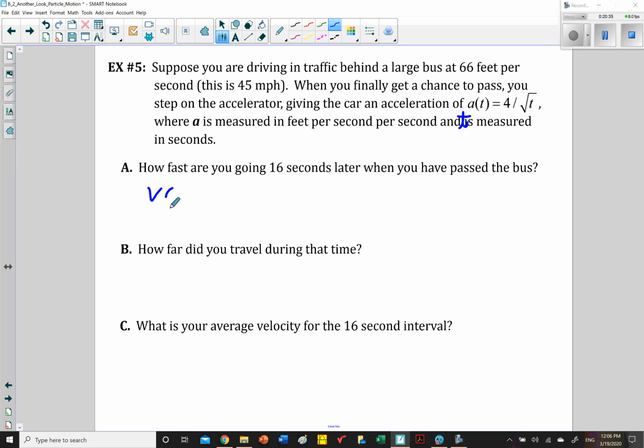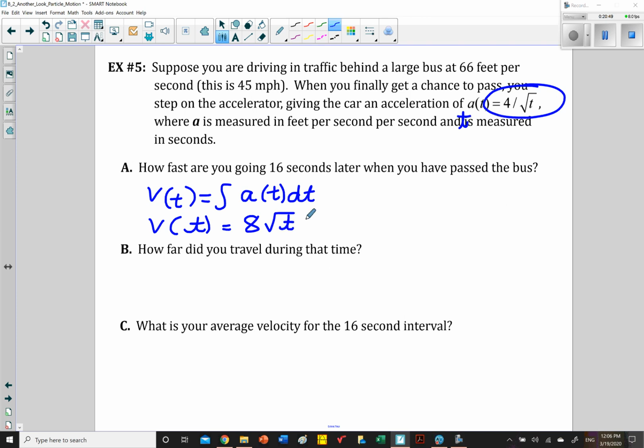So velocity is the integral of acceleration, which means velocity is, looking at this, 8 square roots of t plus a constant. And what was our constant? It says initially we were moving 66 feet per second.